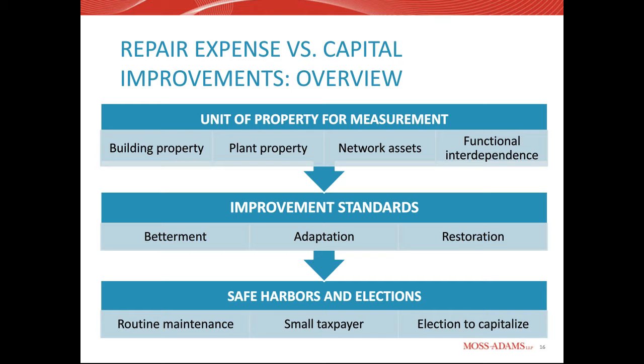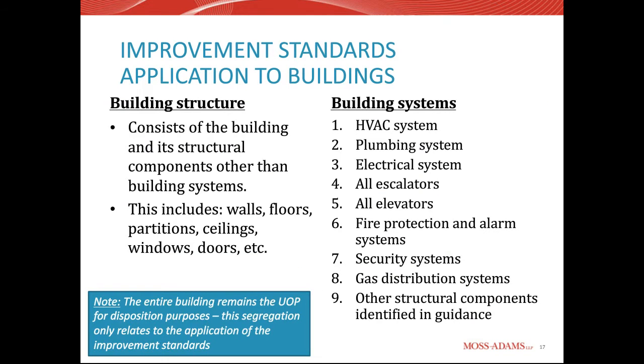But what I do want to talk about is the meat and potatoes of the tangible property regs and the differences between the old rules versus new rules. The old rules, when you made an improvement or you did something to a building, whether it was a repair or an improvement, you would look at the entire building as a unit of property and determine whether it was an improvement versus a repair from that perspective.